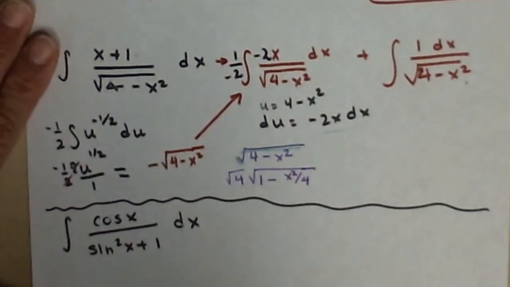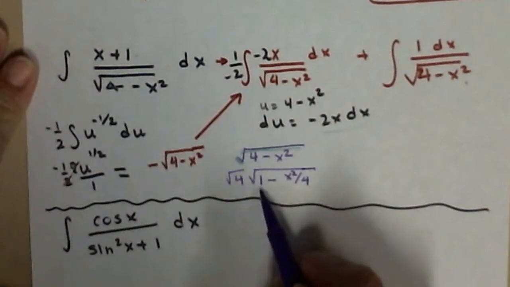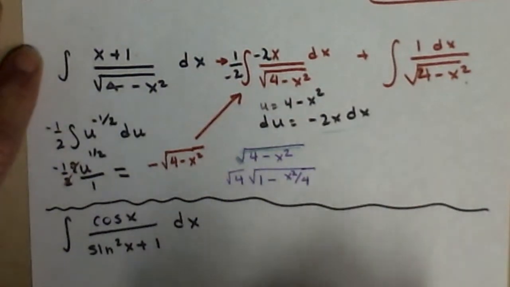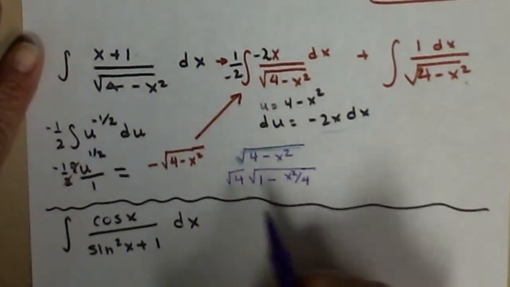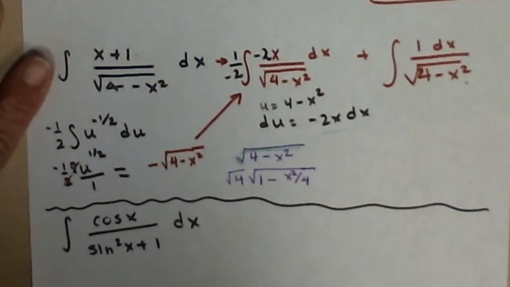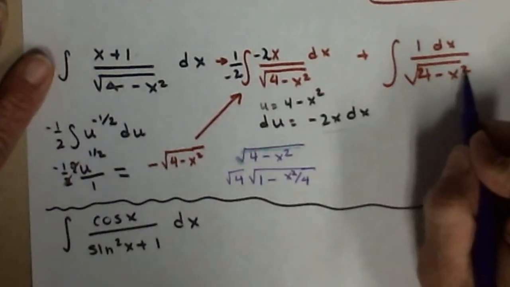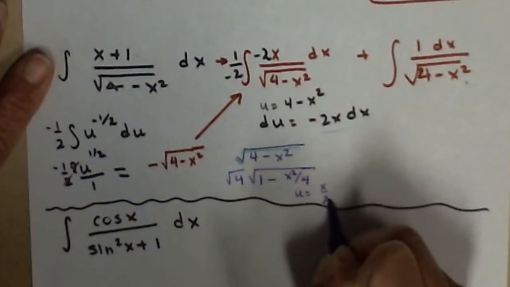Do you agree that those two are the same things? Although, right, the top one's nicer. But if I look at the bottom, I have 1 minus something squared, which is my inverse sine pattern that I need. And a 1 over square root 4 is fine. I don't really care about that. So when I go to do this second fraction, I'm going to have to let u be x over 2.